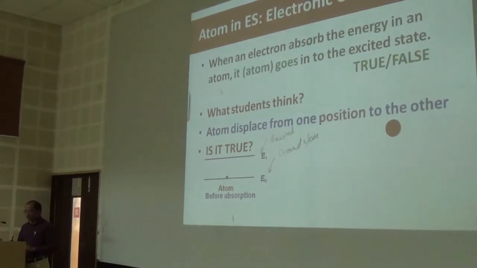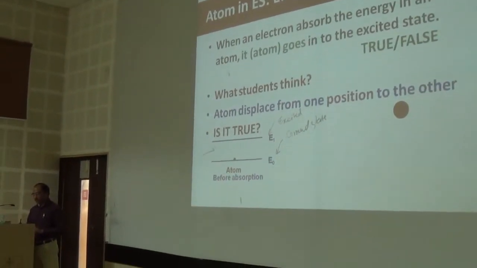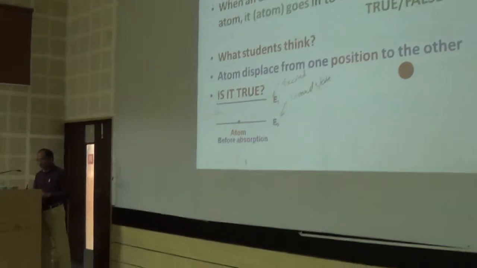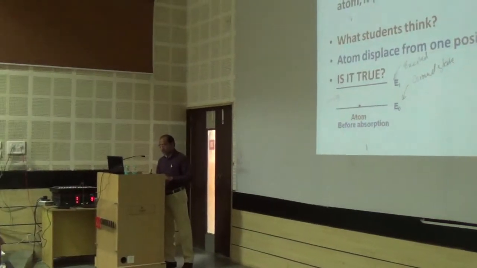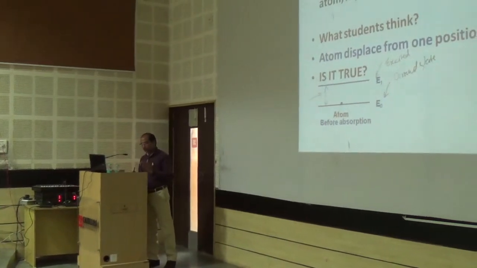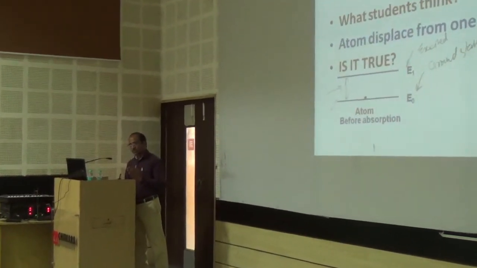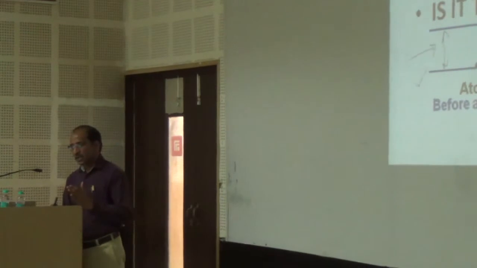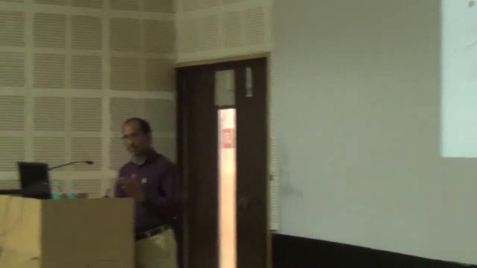But what do the students think? Students think that there is a gap, a space in between these two lines. But actually the person knows that this is just the representation of the ground state of the atom, and the second line is the representation of the excited state. There is no physical gap in between these two lines.